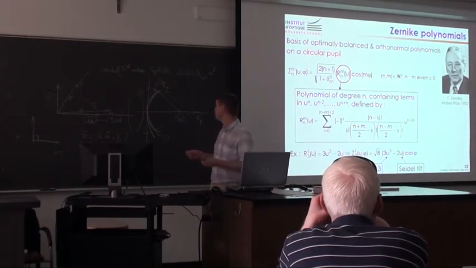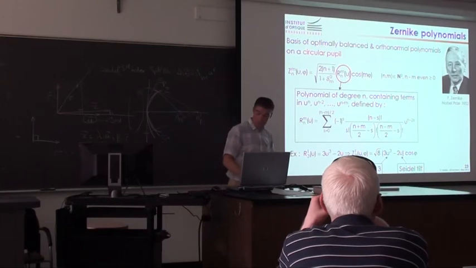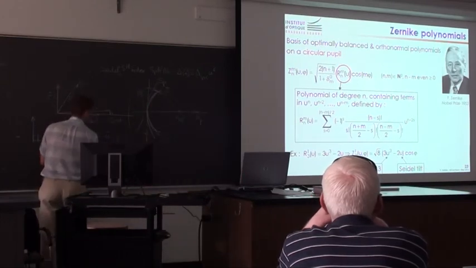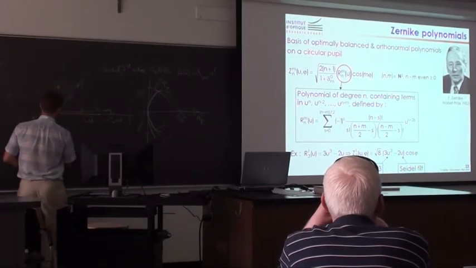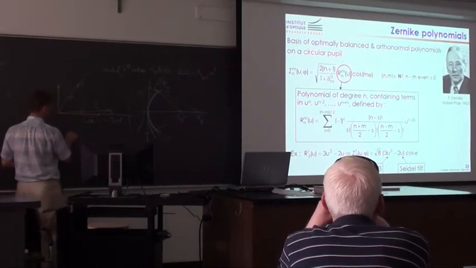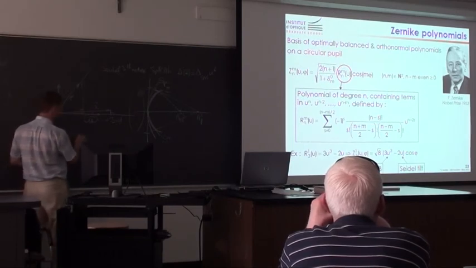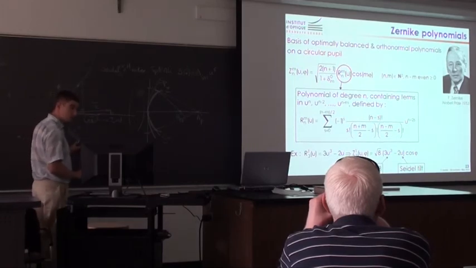So the answer after calculation is, well, R60 describes the fifth order spherical aberration.